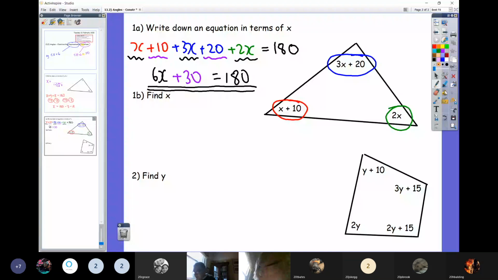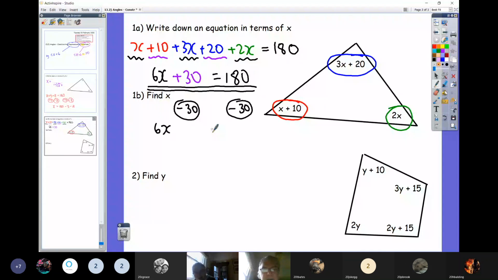So remember how we do this. We need to undo the information on both sides. How do we undo that plus 30? We take away 30 from both sides. On the left-hand side, we're left with 6x, because plus 30 take away 30 cancels out, and that equals 180 take away 30, which is 150.